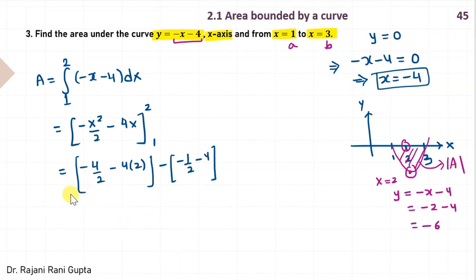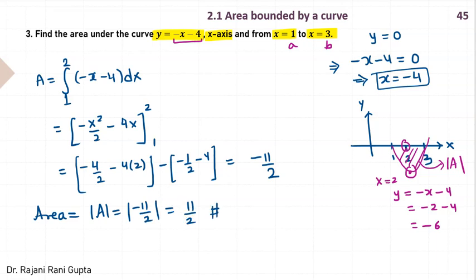So when you complete this, you will get the answer as minus 11 over 2. And since the area is negative, our required area will be mod of A, which is mod of minus 11 over 2, which is 11 over 2.